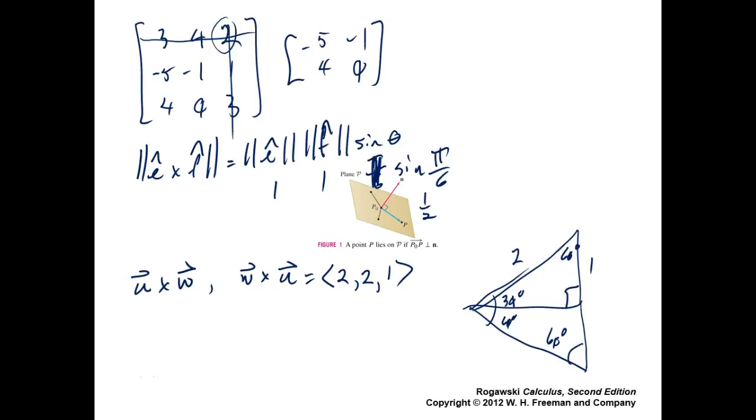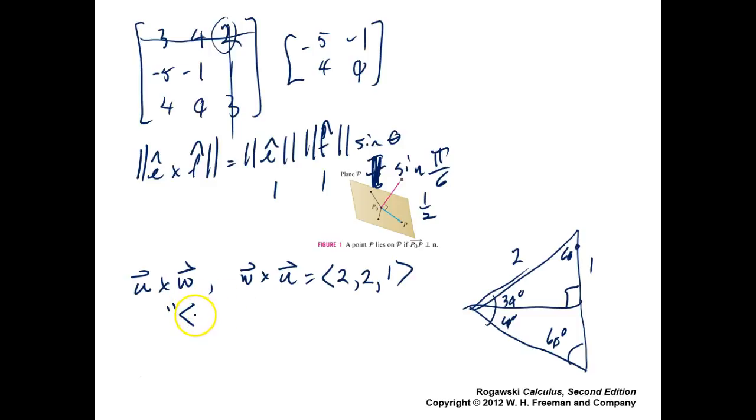What would be U cross W then? A scalar? Huh? Not quite. Opposite, you got it. So what would this be?